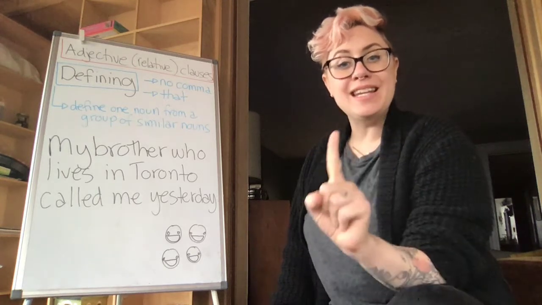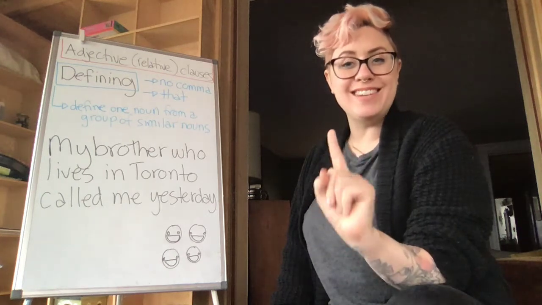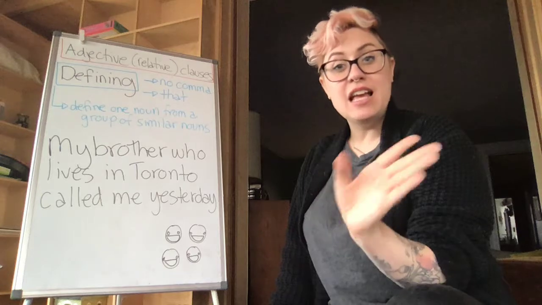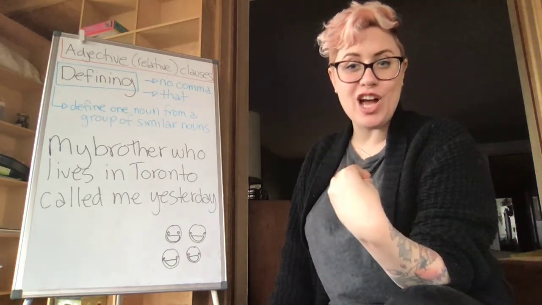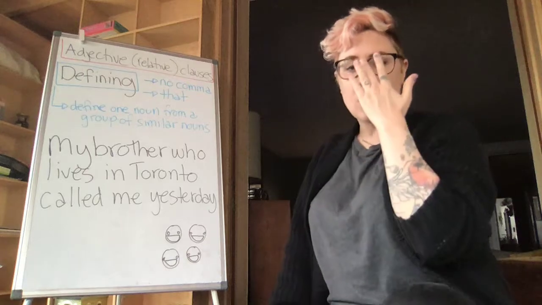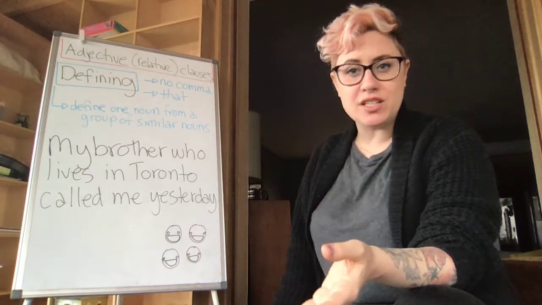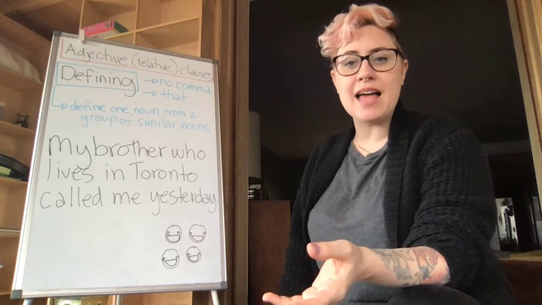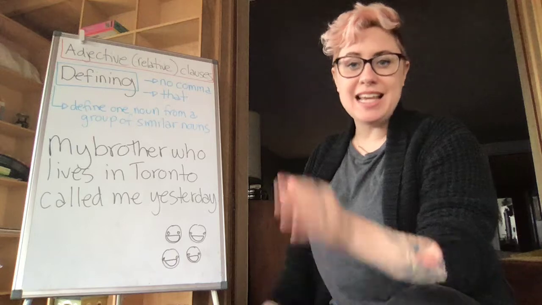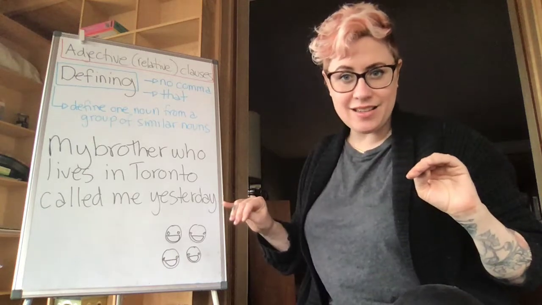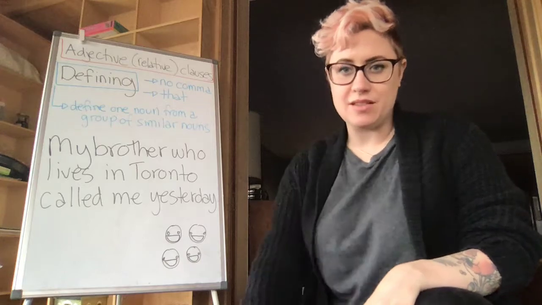It has one independent clause and one dependent clause. If you don't understand what that means, please go back to the beginning of the video and watch it again. The thing that's a little bit complicated about adjective clauses is that the dependent clause is inside the independent clause, which sounds crazy, but let's talk about it.